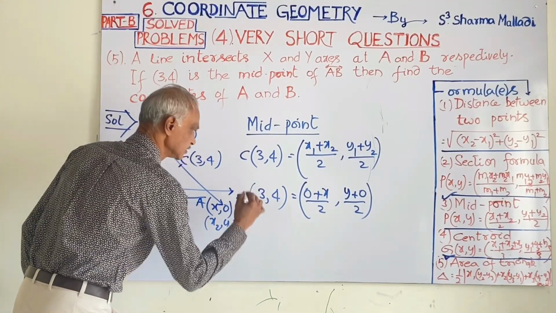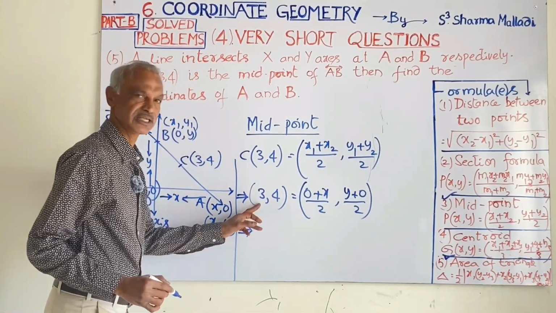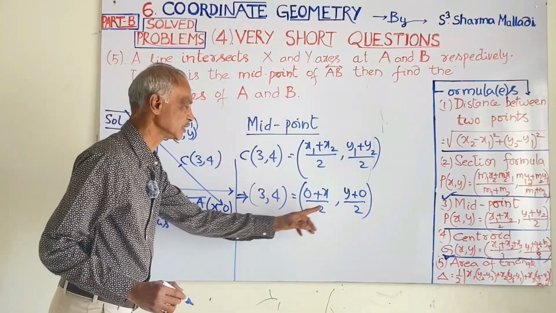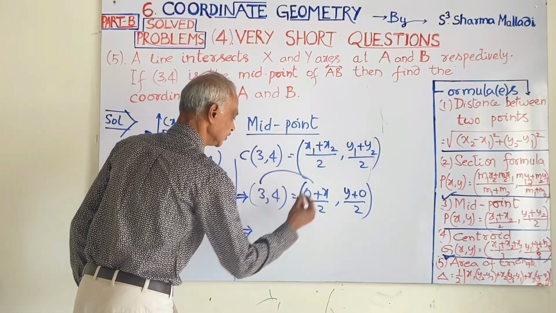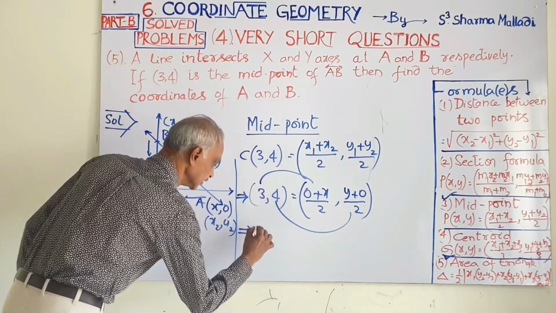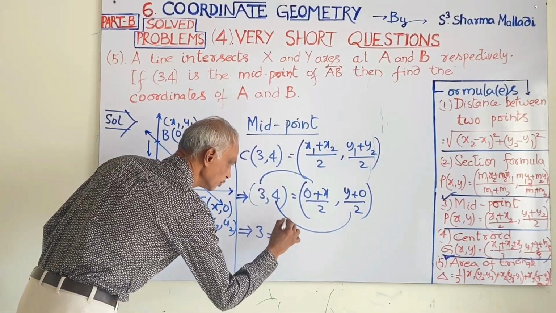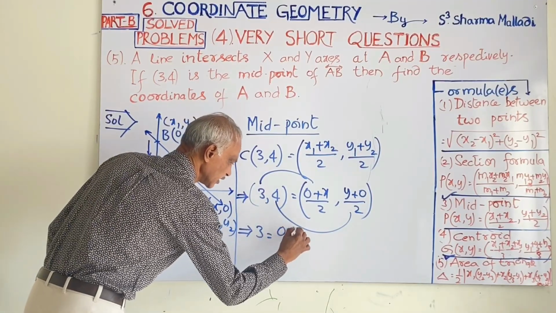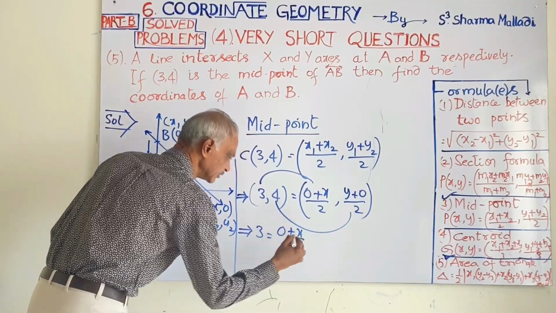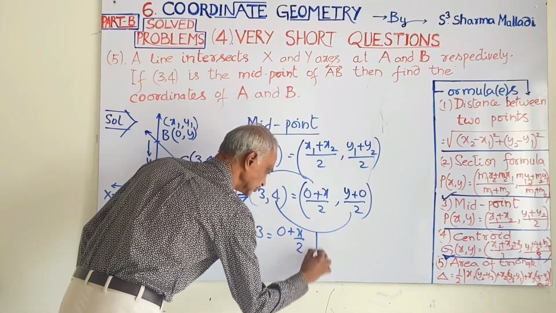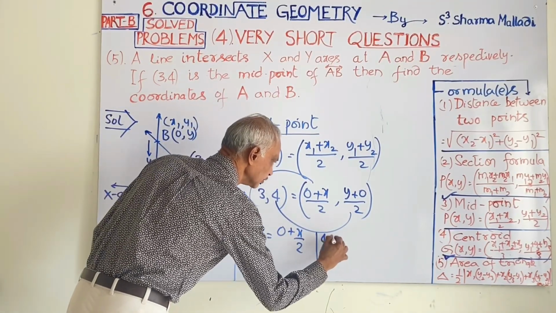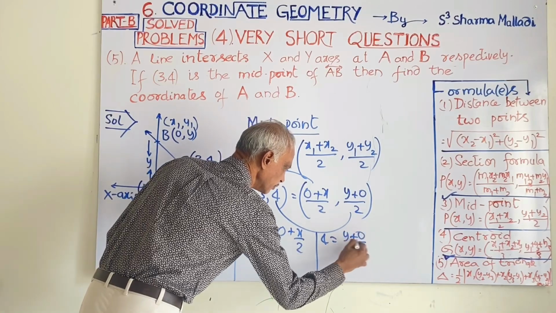This is x coordinate and y coordinate. Equate these two and these two. 3 is equal to 0 plus x by 2, and 4 is equal to y plus 0 by 2.